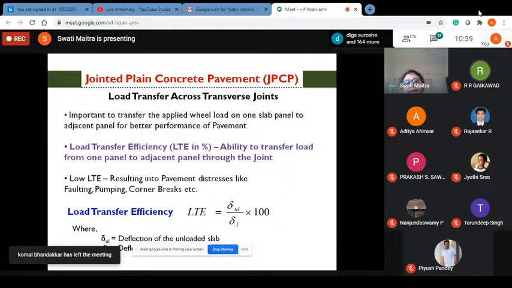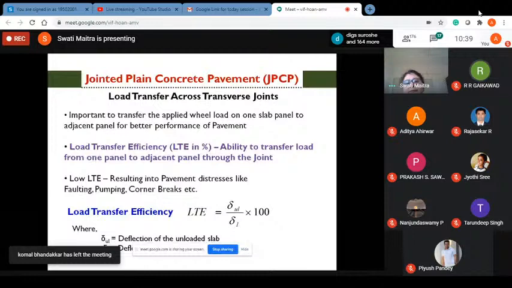If the axle spacing is more than 4.5, that is not contributing much to the stress development. So we should know the wheel spacing. If it is more than 5 meter, only one rear axle contributes to developing stresses, because the other axle will go to the other panel.